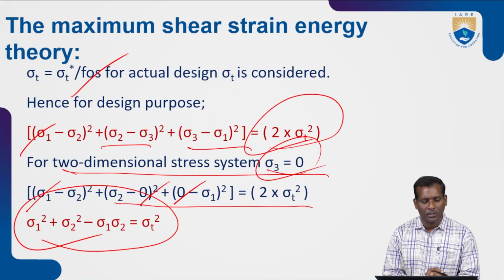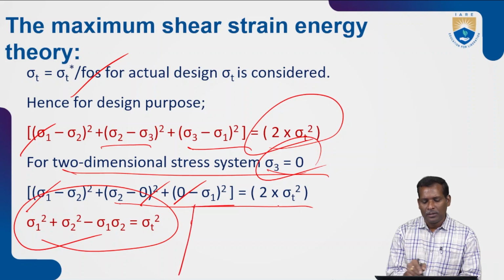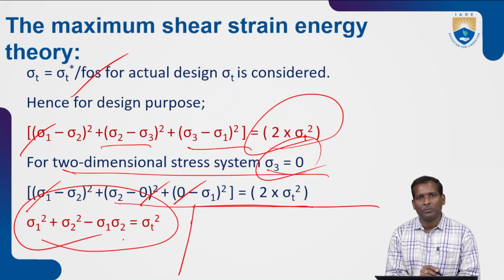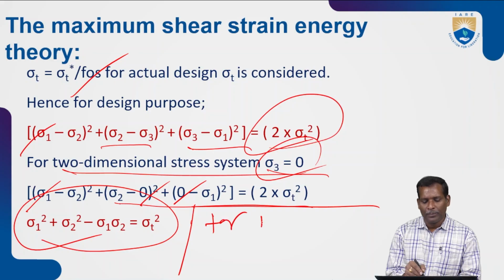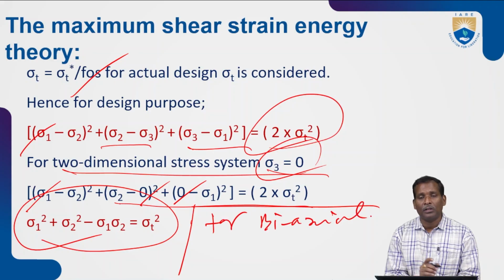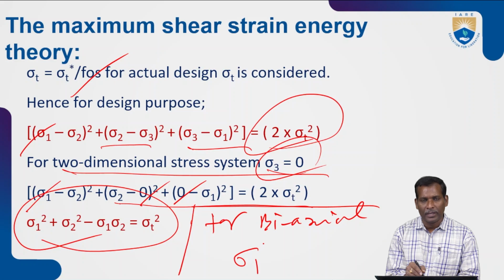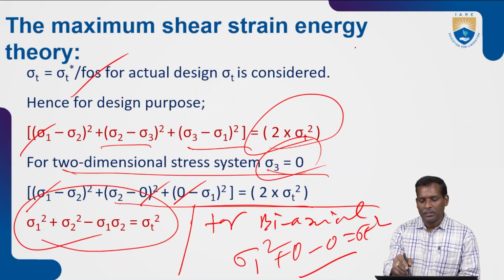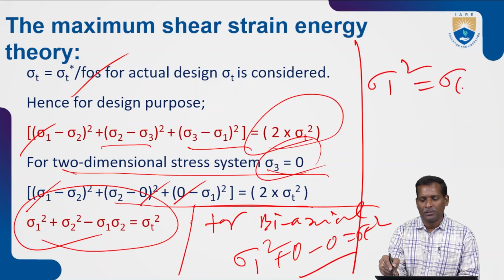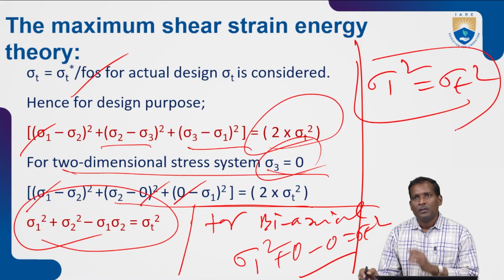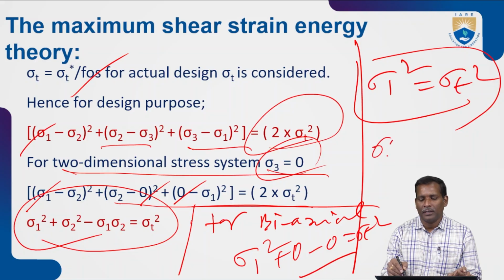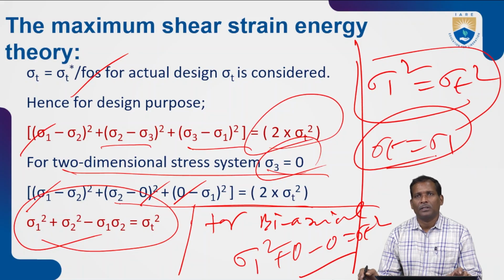Now the final equation for two-dimensional stress is sigma 1 square plus sigma 2 square minus sigma 1 into sigma 2 equal to sigma t square. For the uniaxial case, only one stress is present, sigma 1, and sigma 2 is 0, so sigma 1 square is equal to sigma t square. So sigma t is equal to sigma 1; the principal stress is equal to the actual design stress, sigma t.